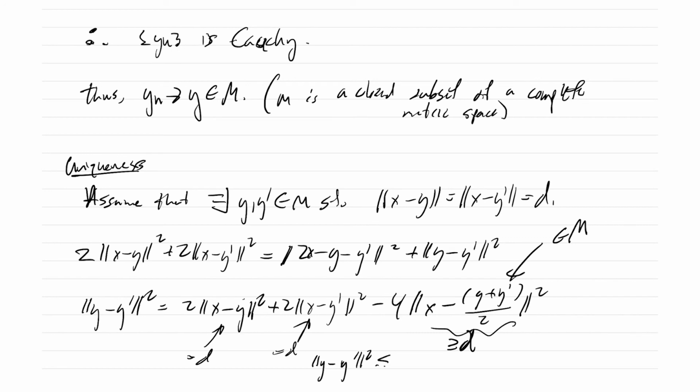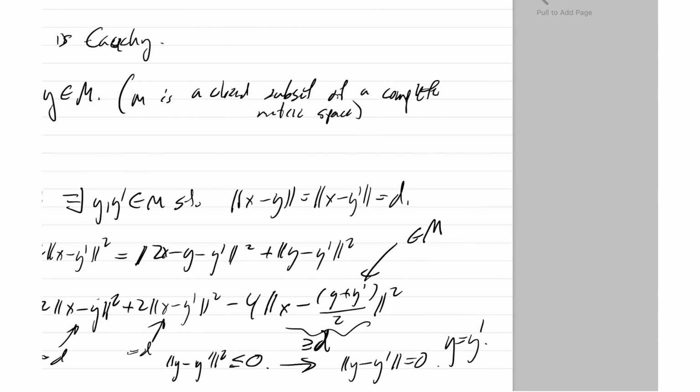So then this is less than or equal to 0, but that means that y minus y prime must be equal to 0 because norms can't be negative. So there you go. That gives you that y is equal to y prime. So uniqueness follows. Okay, so now the last bit comes down to showing this orthogonality of x minus y.